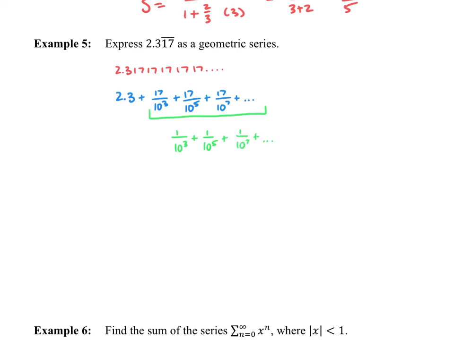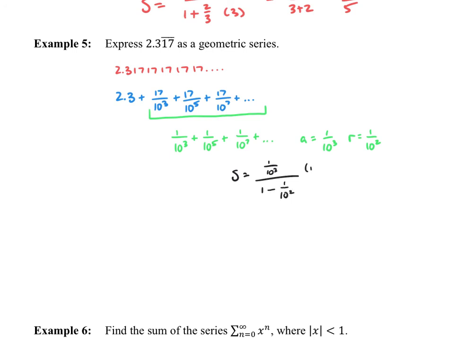We can see that the a value is clearly 1 over 10 cubed and the r value is 1 over 10 squared, which obviously is within our range of a convergent series. And so if we were to look at just that portion and the sum of that portion, we would have 1 over 10 cubed divided by 1 minus 1 over 10 squared.